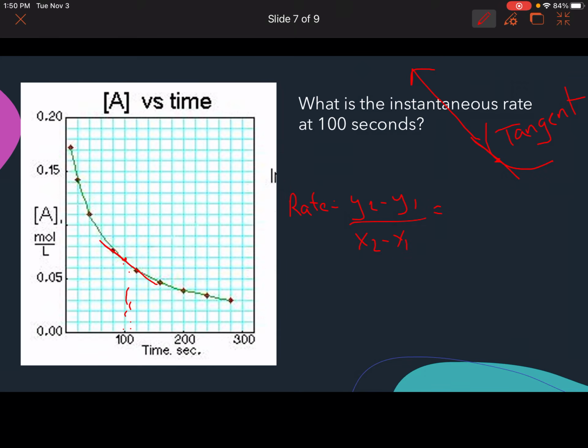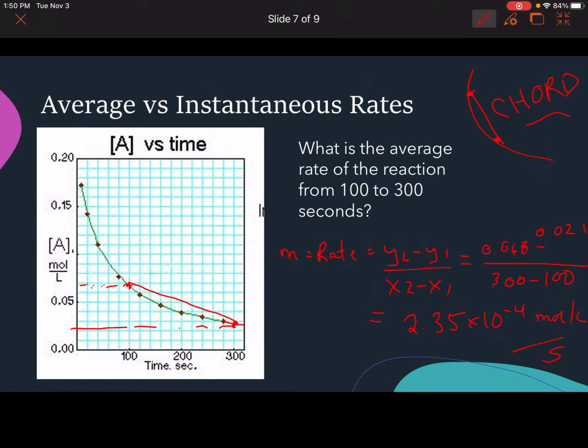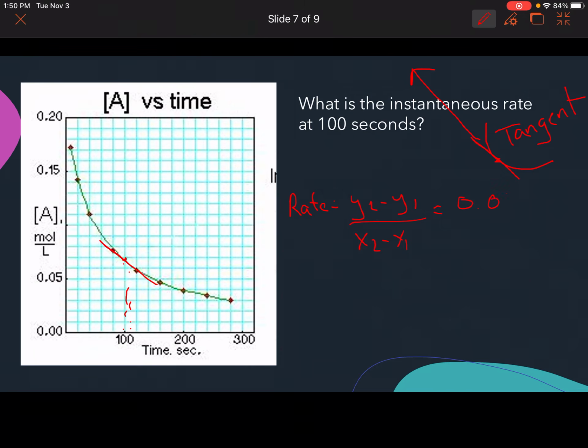So y2 at 100, I did this one already, right? I said 0.068. And so that is my point here. And then let's pick another y value. Let's pick it at 120. So we'll just do it right here. So this is 0.06.